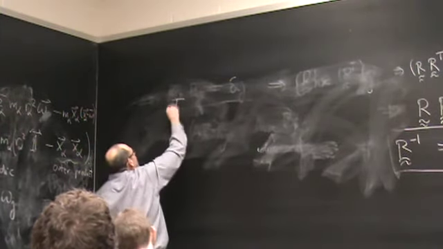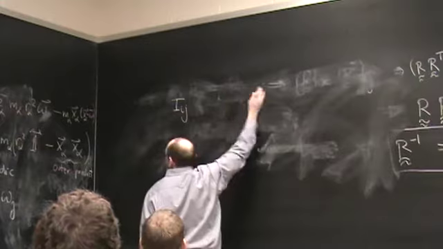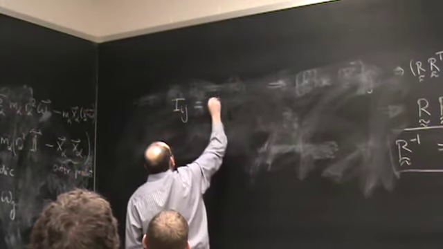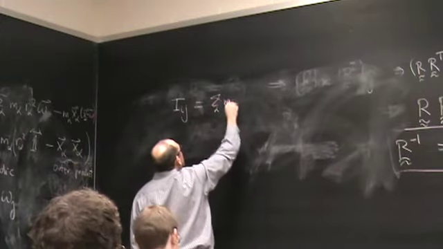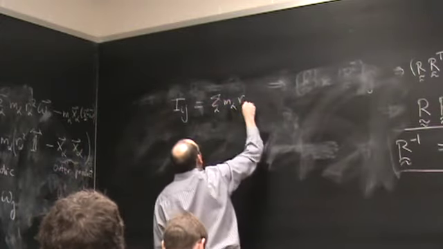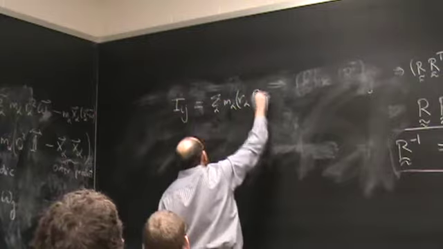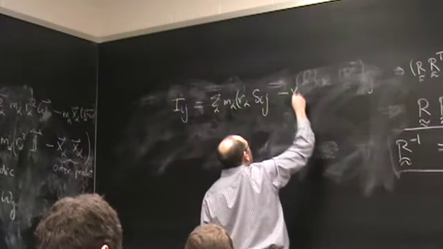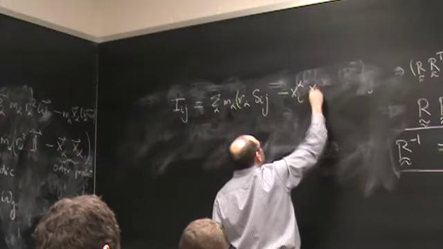So, I_ij is equal to the sum over alpha of m alpha, r alpha squared delta ij. That's the ij component of the identity, minus the i component of x alpha times the j component.